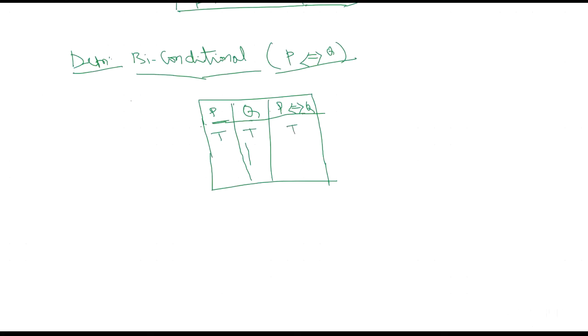Suppose P is false and Q is true: then the biconditional is false.